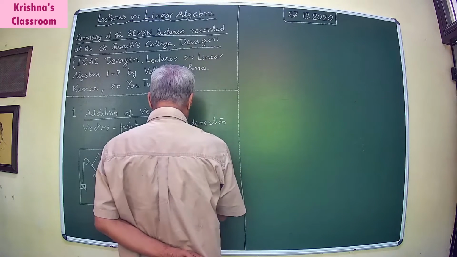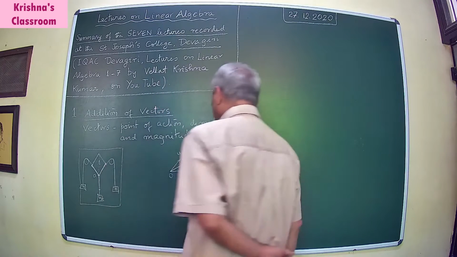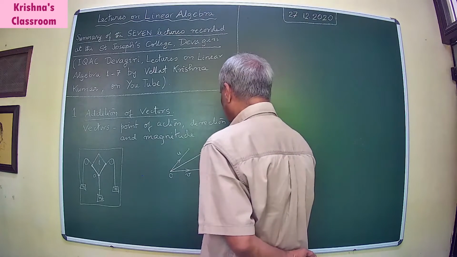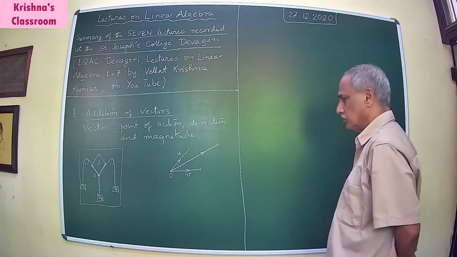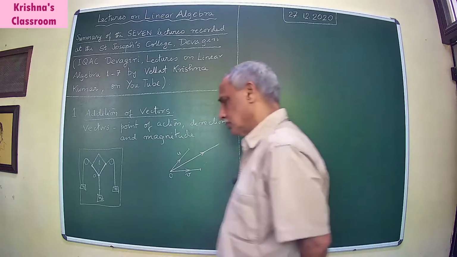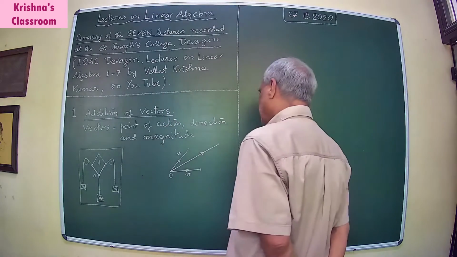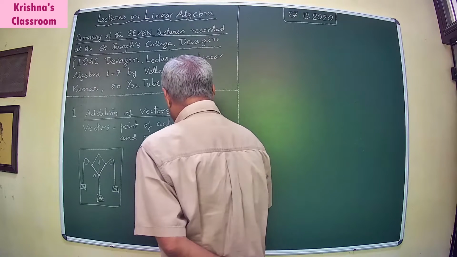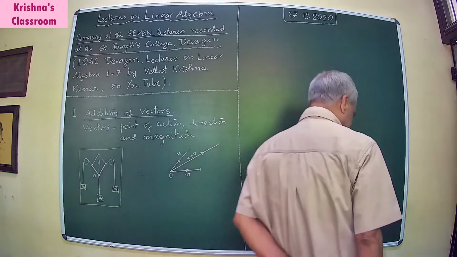You complete the parallelogram with those two vectors as sides, and the diagonal of the parallelogram gives what is called the resultant of these two forces, or these two velocities, or these two accelerations, or these two displacements, and so on. So the moral of the story is that vectors add by the parallelogram law.